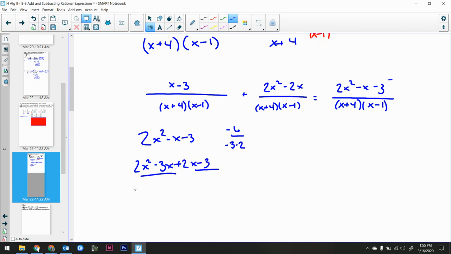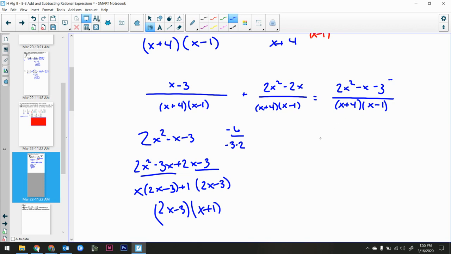Factor a GCF. We pull out an x to get a 2x minus 3. We pull out a plus 1 because there's no GCF in the second two terms. So 2x minus 3 is my first factor, and the other one is an x plus 1.